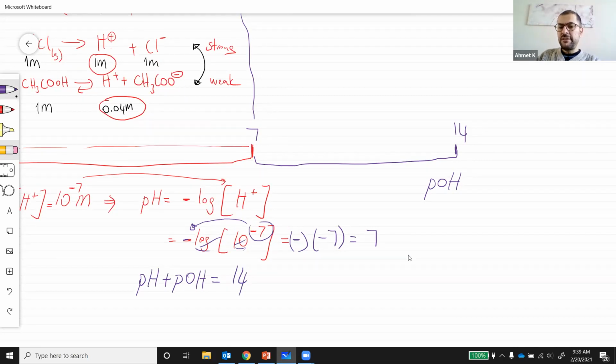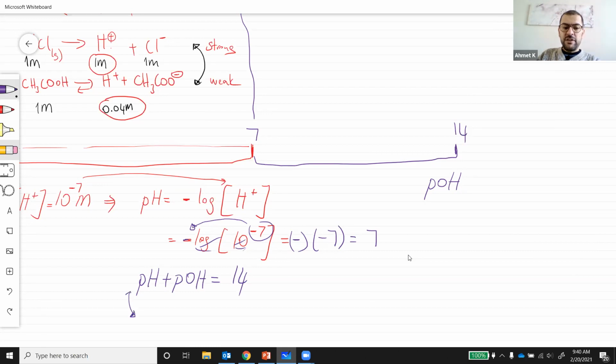So if the pH is 7, then pOH is going to be also 7. Okay? Everybody make sense? Or you may be asking where this is deriving from, but you don't have to worry about it.